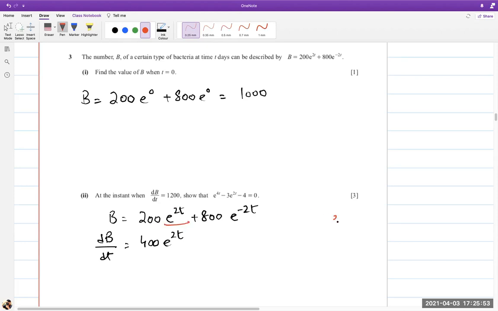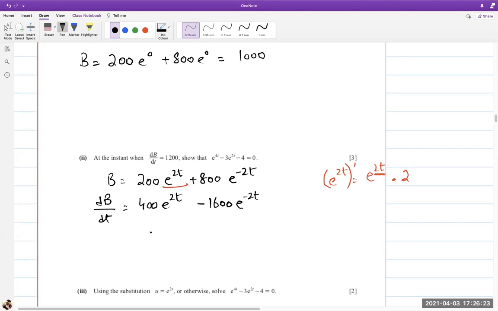So its derivative is going to be the same function again, times the derivative of the power, which is just 2. So that's what I get here. Similarly, here I'll get minus 1600 e power minus 2t. Why? Because the derivative is minus 2 e power minus 2t. Okay, so I have that.